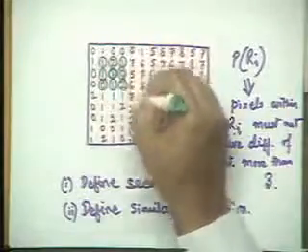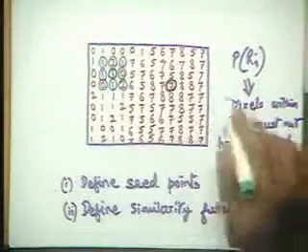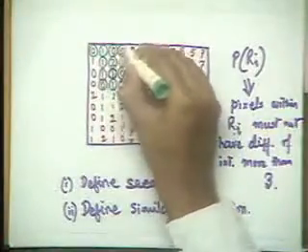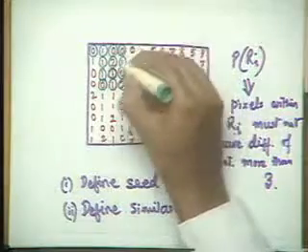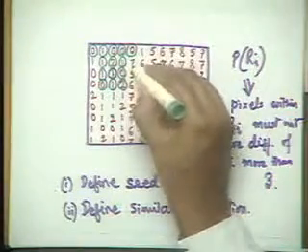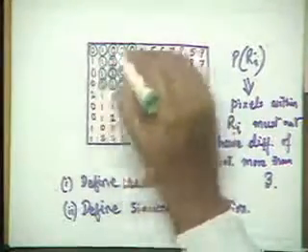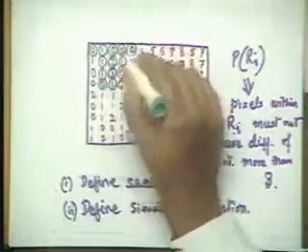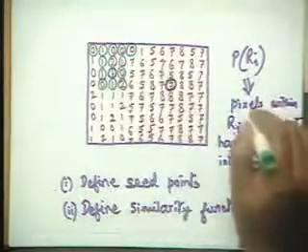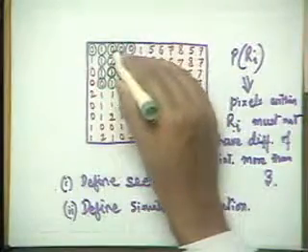Now I will grow this region further by checking that this particular property is fulfilled. So I will be attaching these pixels. This is also a neighbor, so I must attach this. This is a neighbor, no doubt, but it has an intensity of 7, and 7 clearly will not fulfill the defined property. So I cannot club this particular pixel to this region.